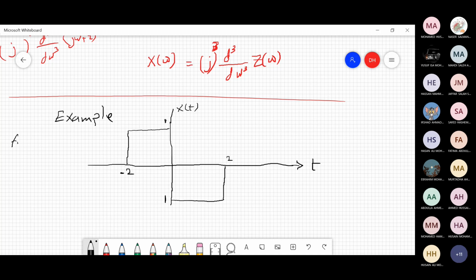Find X of F or X of omega. Okay, could you think about it before we solve it?